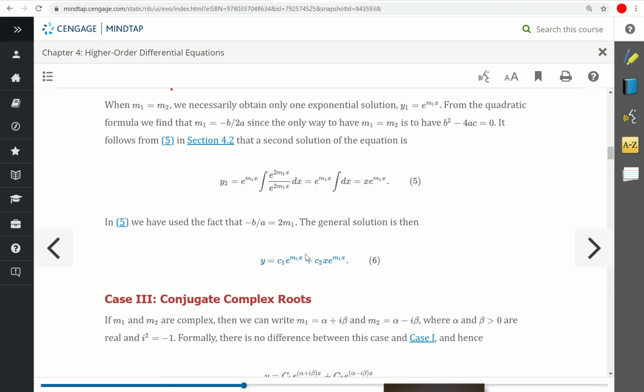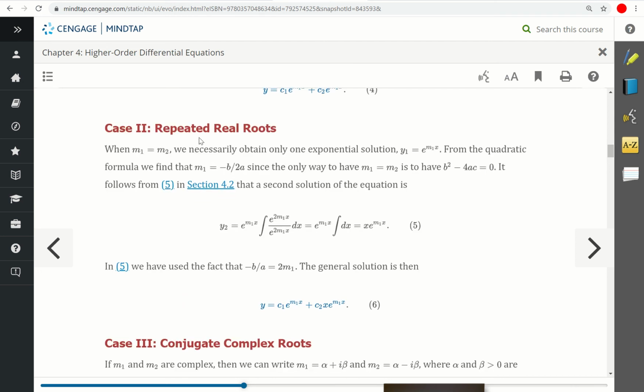So an easy way to memorize this, instead of having to use the order reduction like we saw in section 4.2, is to just recall that what you're going to end up getting at the end of the day is your first solution with the e to the m1x, but then the second one's going to have a c2 x e to the m1x, and now these 2 functions would be linearly independent, and therefore the general solution would be y equals c1 e to the m1x plus c2 x e to the m1x.